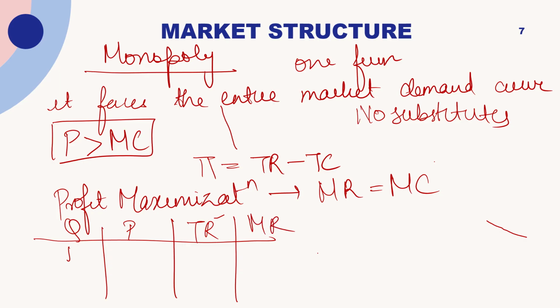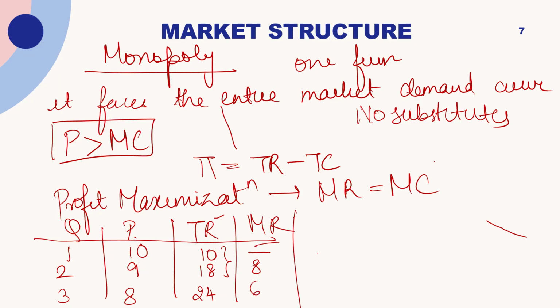Quantity 1, price 10, total revenue, price into quantity, 10, marginal not as such. Second, let's assume price is 9, so total revenue 18. What is the MR? 8. Third, price 8, total revenue 24, and MR 6.